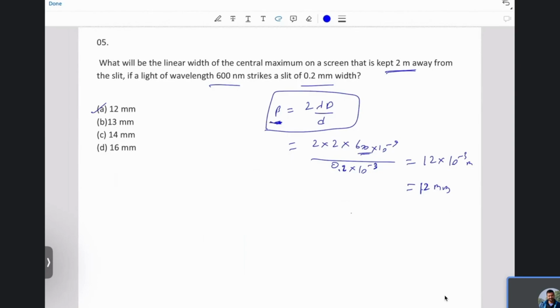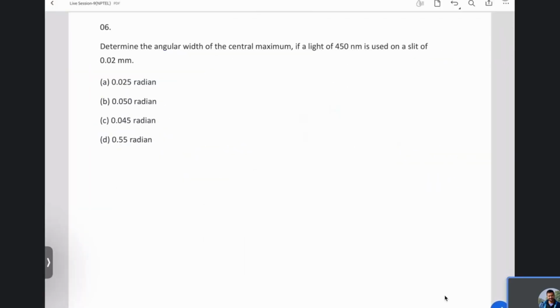You can measure the distance between the slit and the screen, and you know the slit width. So from this simple formula you can calculate the wavelength of any light that you are using, right? So in this way you should think about these problems. Okay, let's move to the next problem.